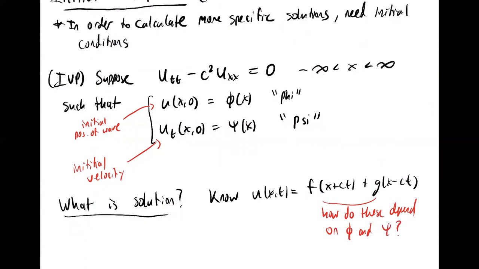Ideally we can find some formula for the solution u which only involves phi and psi, because then if you have a particular problem where these are specific functions, you can just plug them into the formula and that'll give you your solution. So that's what we're after.